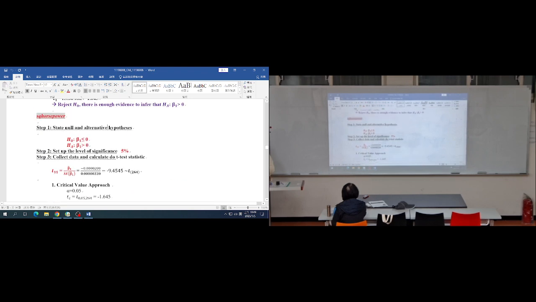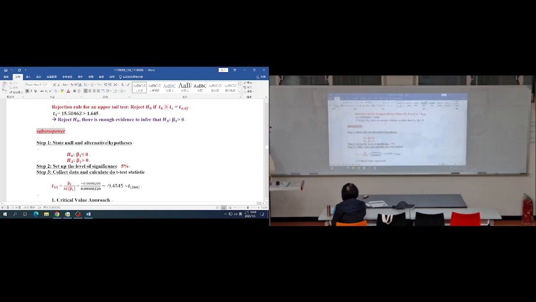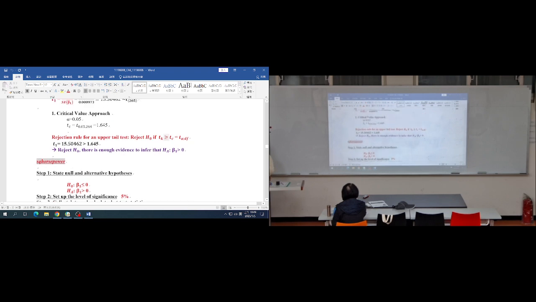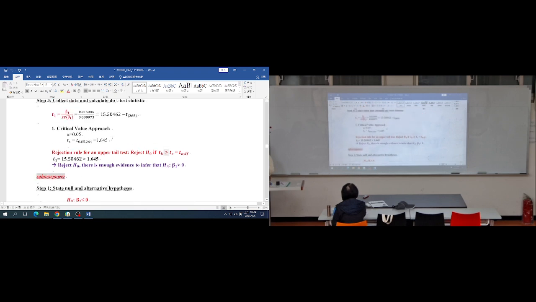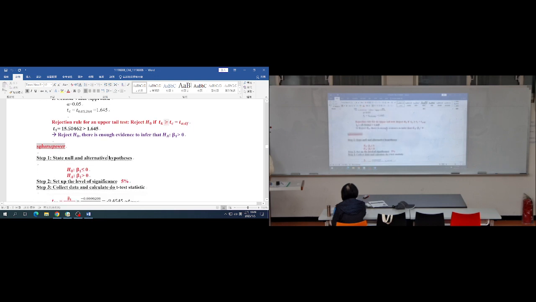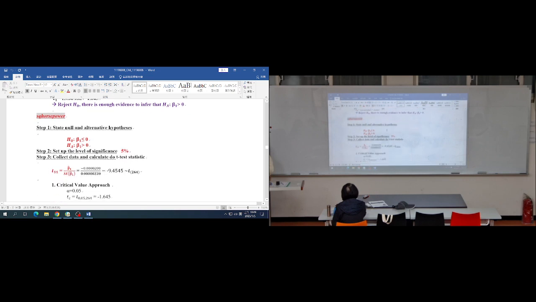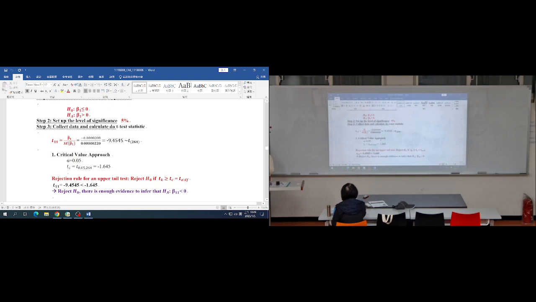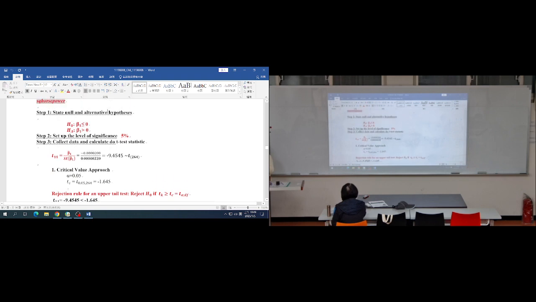What do you have to show now for the alternative hypothesis here? You put it beta 1, right? Actually, it's beta 2 instead of beta 1, right? Beta 1 is for horsepower instead of the square of the horsepower, right? Yes. So what should you write down here for the null and alternative hypothesis?